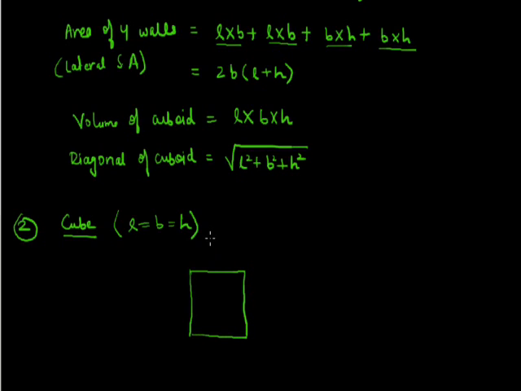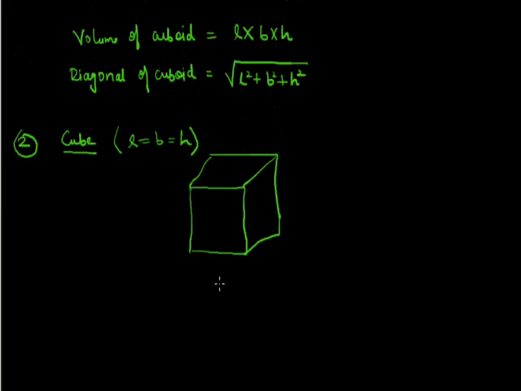Dice is actually a cube because it has length equal to breadth equal to height. So if in any cuboid length equals breadth equals height, then that cuboid is always known as the cube. Now in the same way as we have seen the surface area and volume of the cuboid, we will see the surface area and volume of the cube.